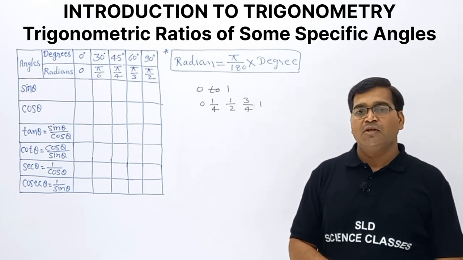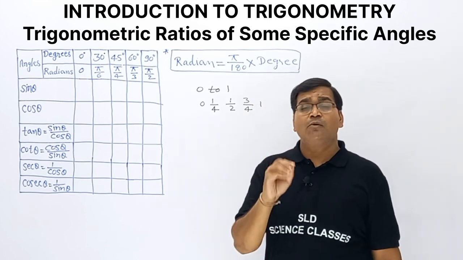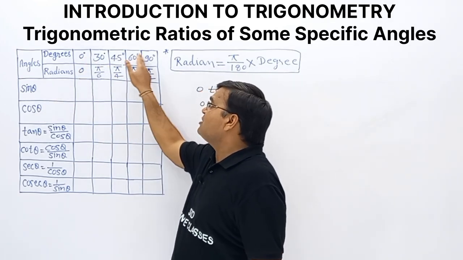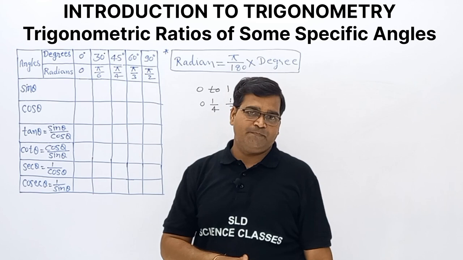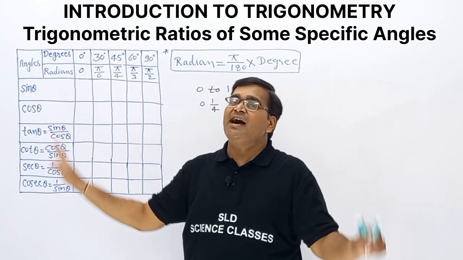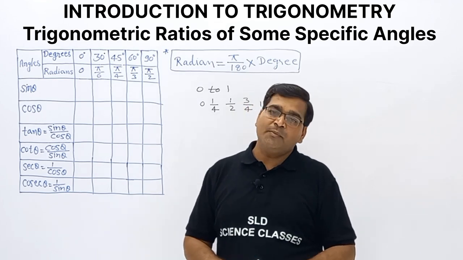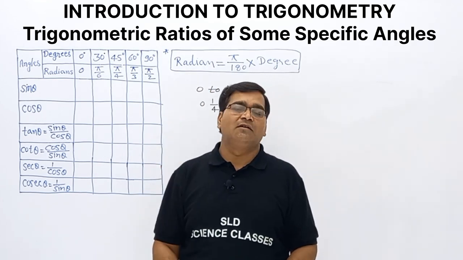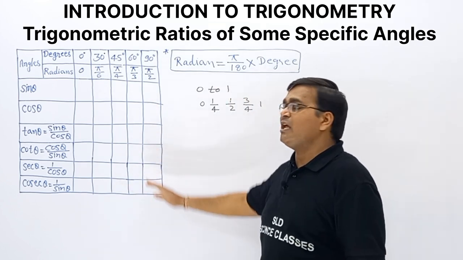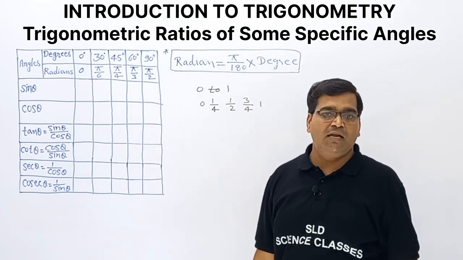So first, what is the task? We want the value of sin theta at these specific values. We have 5 specific values. We know how the values come. In detail we studied it, but in this class we want to complete this table without any detail.